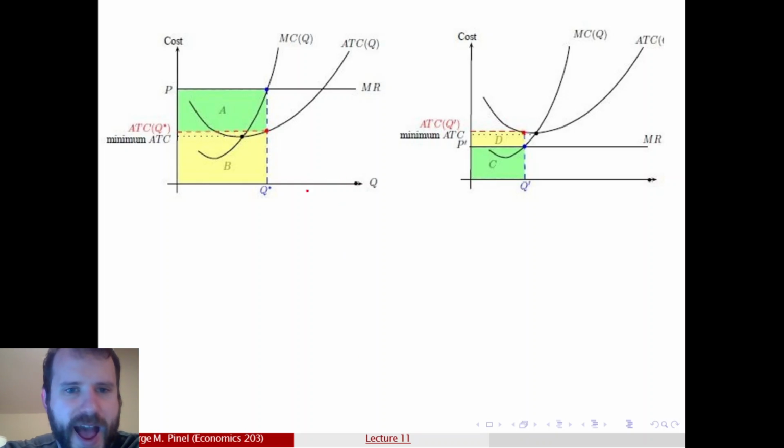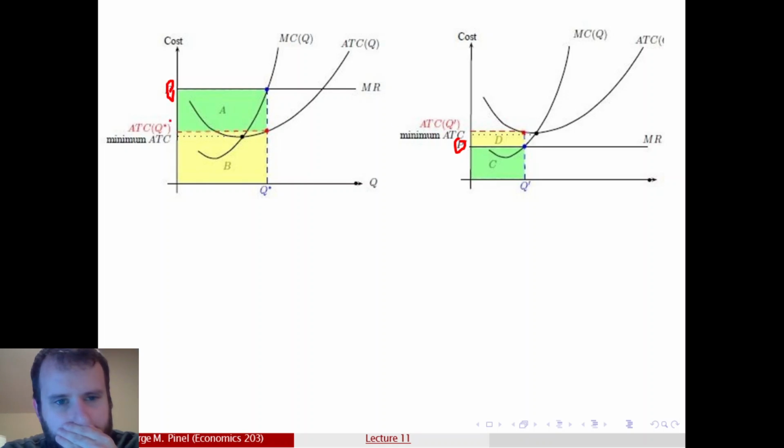So here we have the average total cost curve, and here we have another average total cost curve. The price is here on this one and here on this one.